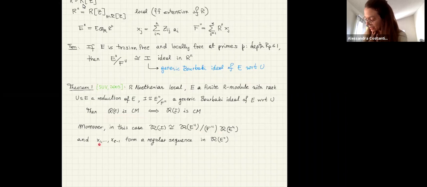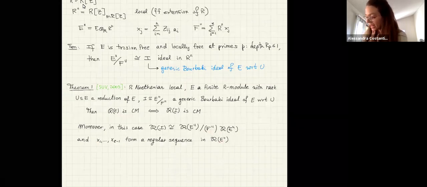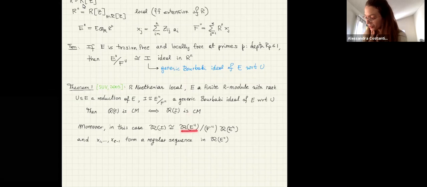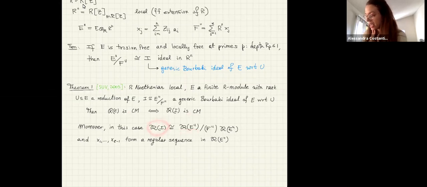And these elements x1 through x_{e-1}, which were the module generators of F double prime, form a regular sequence. So really what's happening here is that the Cohen-Macaulay property passes back and forth because you manage to rewrite your R of I as a quotient ring of R of E double prime, modulo a regular sequence.